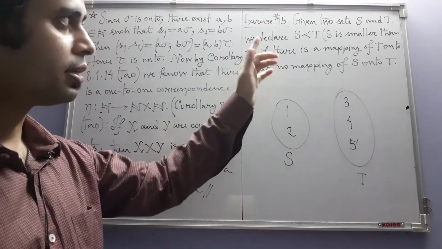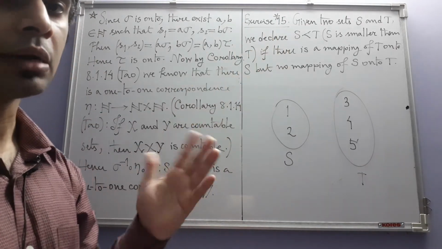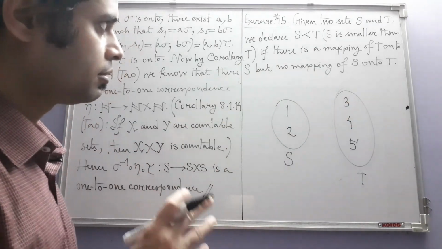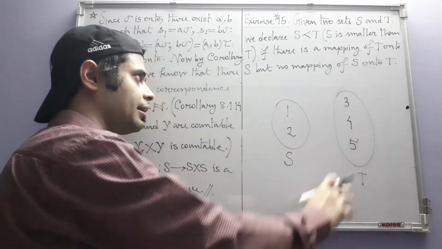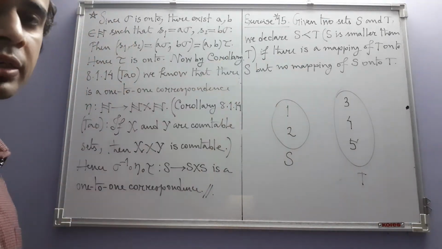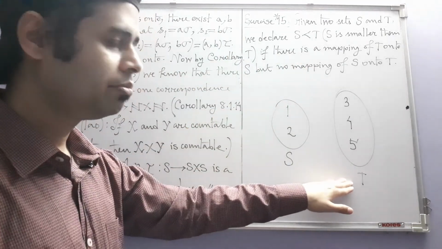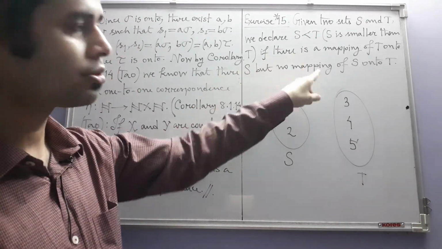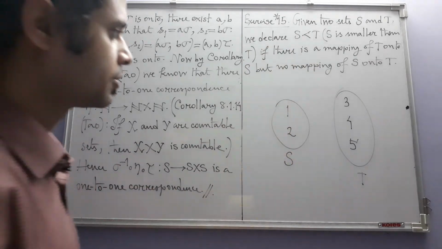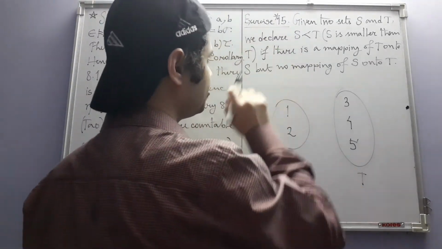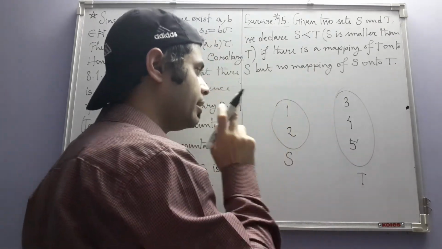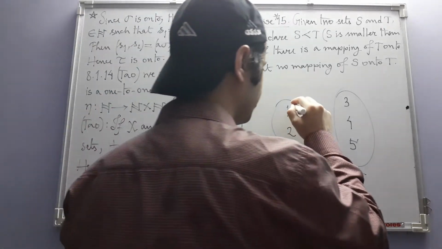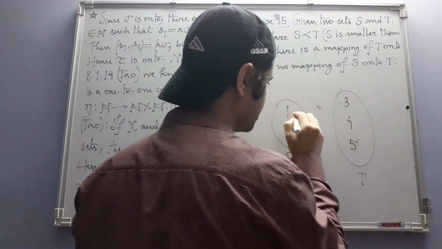However, this definition does not say anything about number of elements. It is defined in terms of mappings. Note one more thing, that although we can understand why we say S is smaller than T in this situation by this simple example which involves finite sets, the actual definition also works for infinite sets. Here what the definition says is that there is one onto mapping from T to S, which we can find. Actually we can find many onto mappings. One of them is this one.